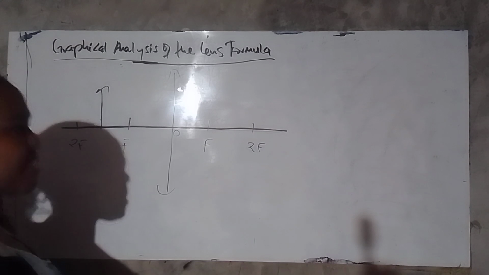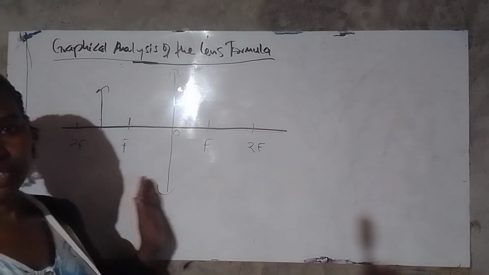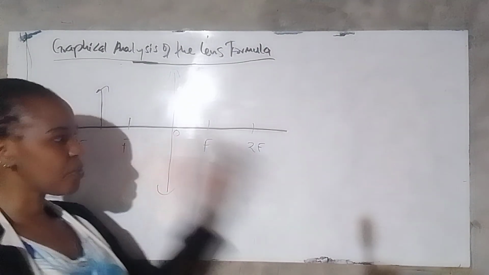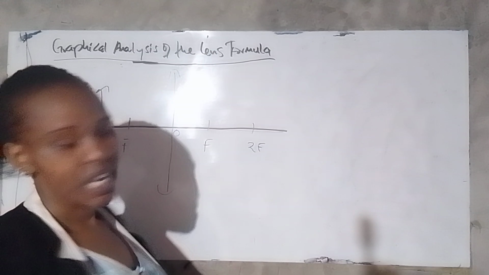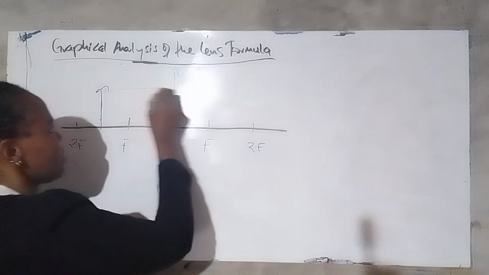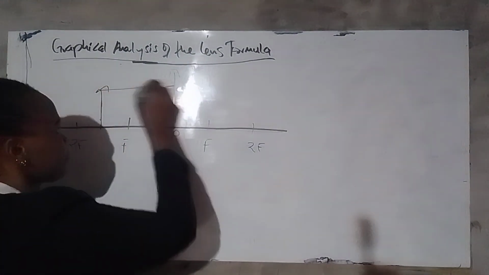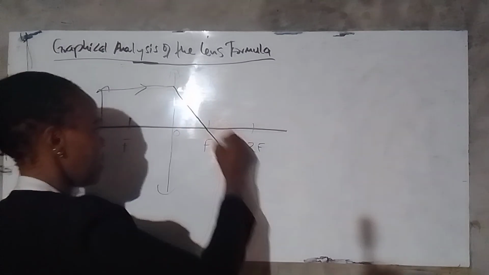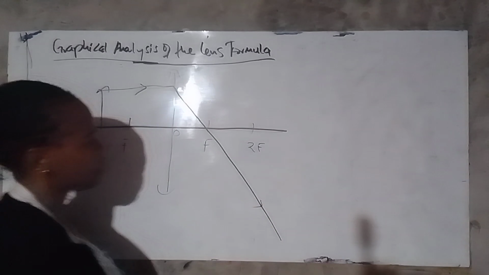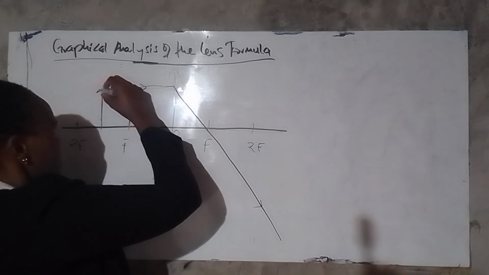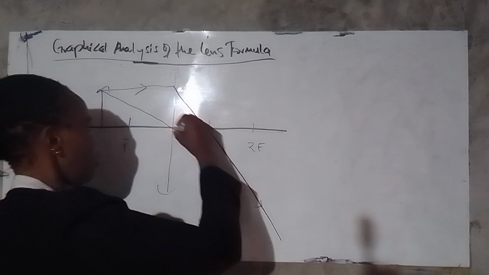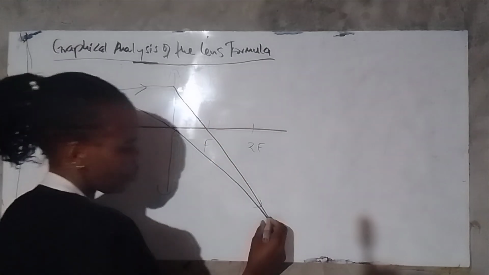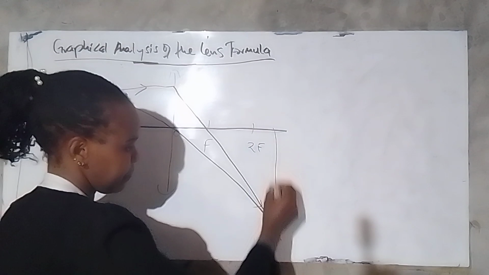When the object is at infinity or behind the center of curvature 2F, or between 2F and F, the image will form on the other side of the lens and it will be a real image. From the rules that we followed, the ray which is parallel and close to the principal axis should be refracted through the principal focus, and the one that is passing through the optical center should pass undeviated. So this is just an example of that.